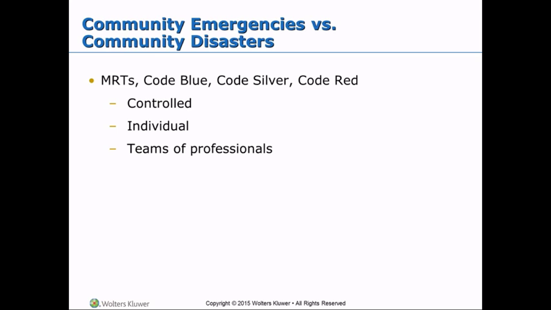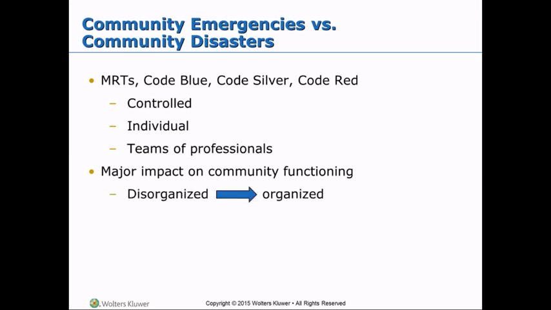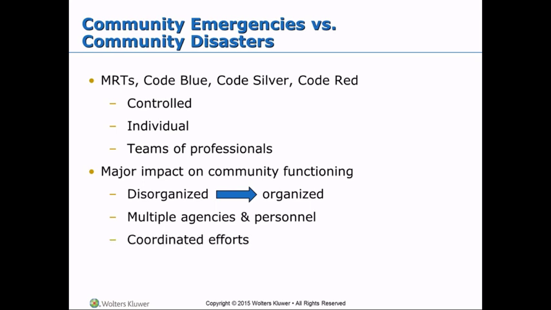But in the community setting, an emergency is defined as an event that is large enough to have a major impact on community functioning. Because of the nature of these events, an organized community effort must be employed to prevent or control their impact. This usually requires multiple agencies and personnel working in a coordinated effort to address many areas in the community.